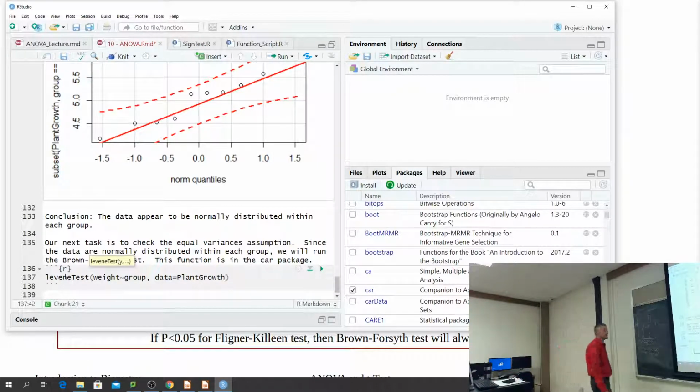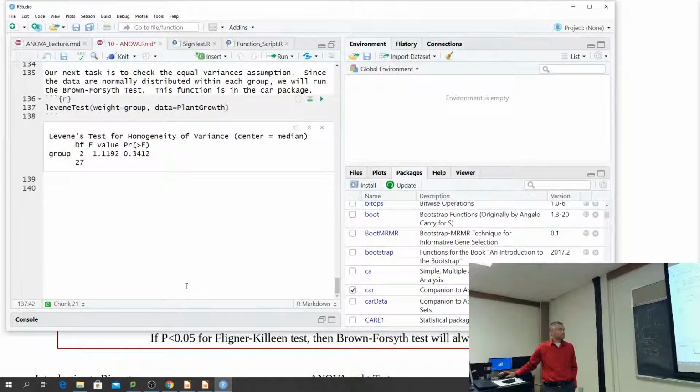So we are testing equal variances of our weights across the 3 different groups that we have. We're going to run it, and we're going to get our output. And you'll see the default is center equals median. So it really saves us time and keystrokes, which is nice.